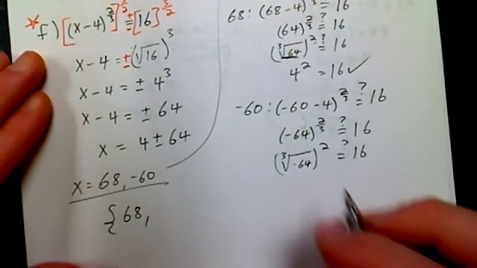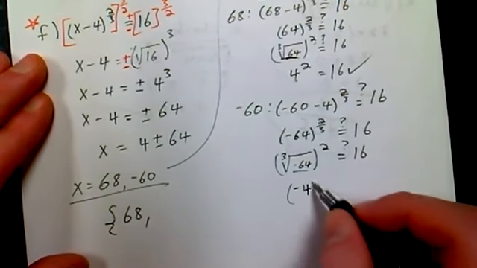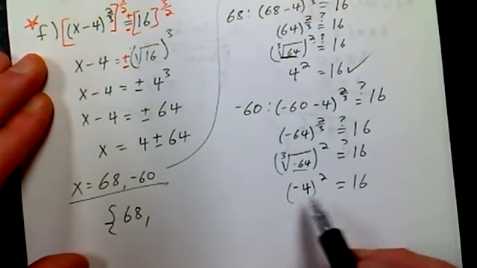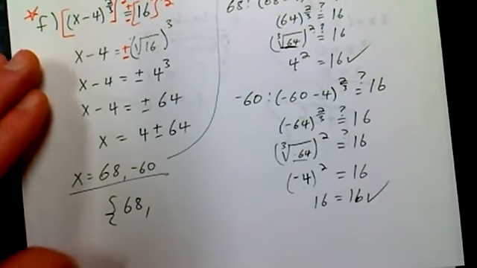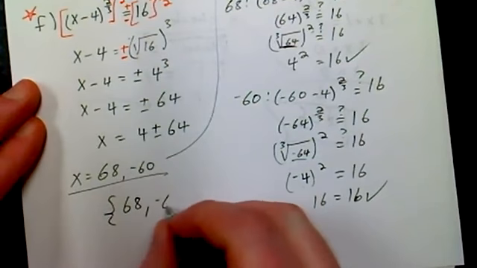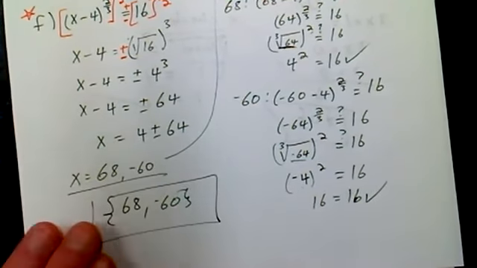The cubed root of negative 64 is negative 4. So in the parentheses, that's negative 4, and that value is squared. Negative 4 squared is 16. So this one also checks out. Okay, so I have negative 60. That's also in my solution set. So I had both answers.